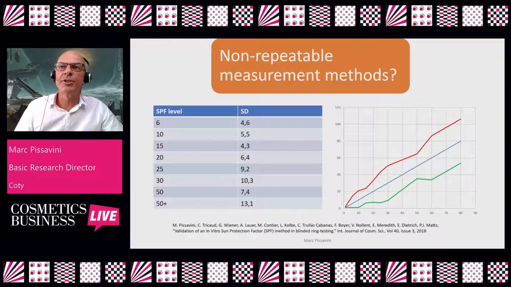But with a degree of uncertainty, like any method done on human volunteers. Then it is reproducible and repeatable, but of course with a kind of uncertainty.